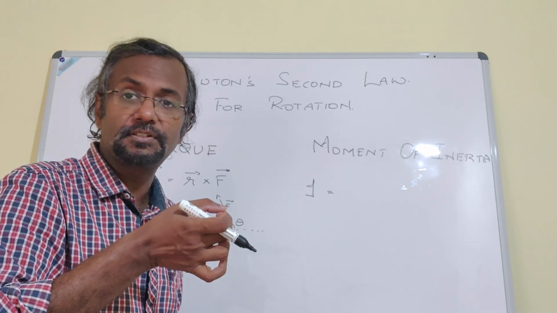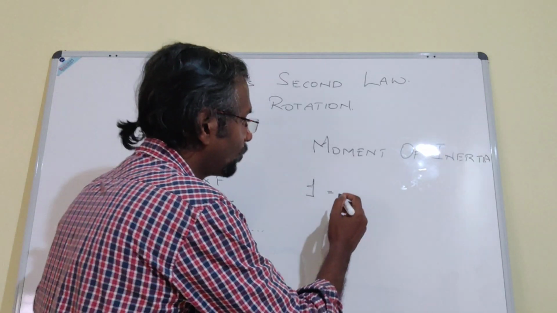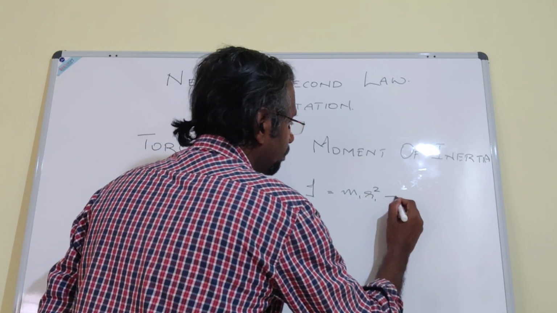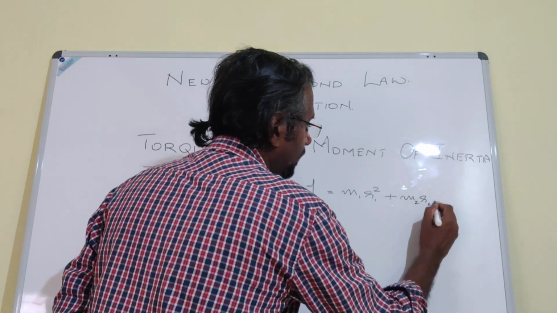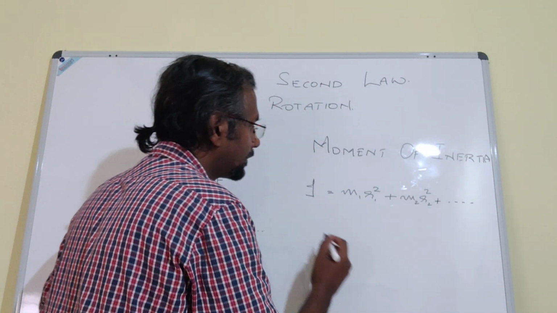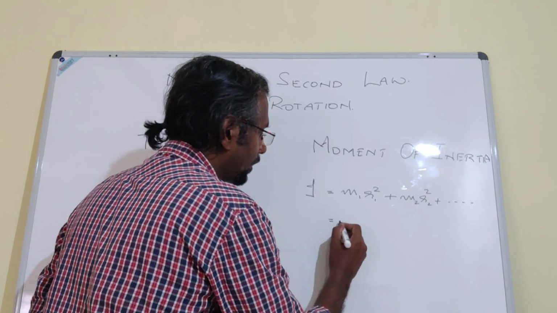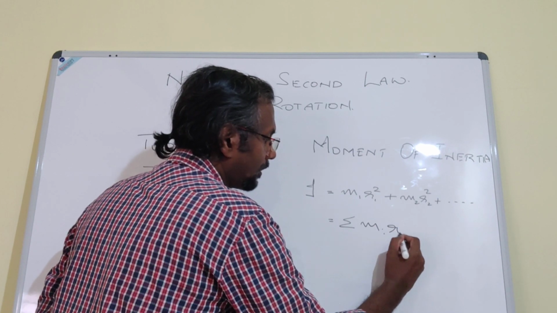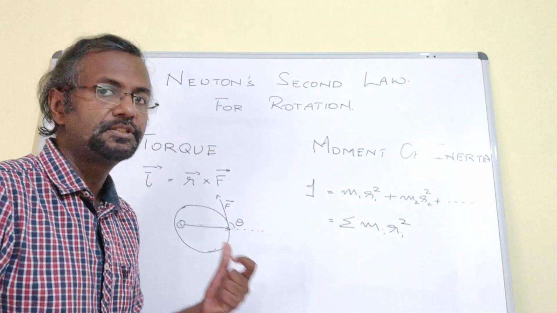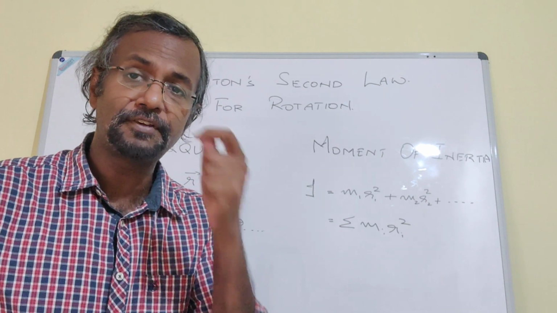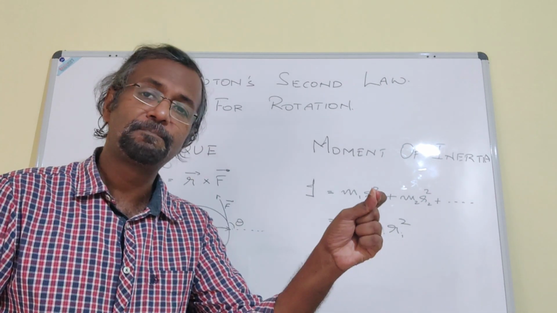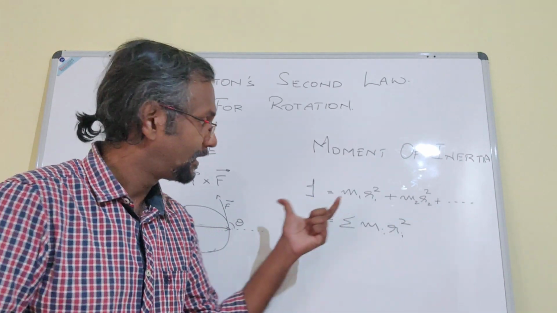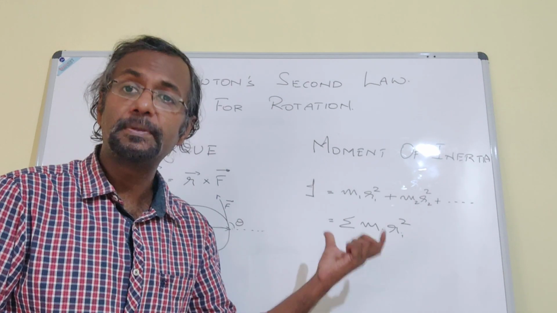So m1 r1 square plus m2 r2 square, and so on and so forth. Therefore moment of inertia is equal to sigma mi ri squared, or each mass of each particle into the square of the distance of the particle from the axis of rotation, right?